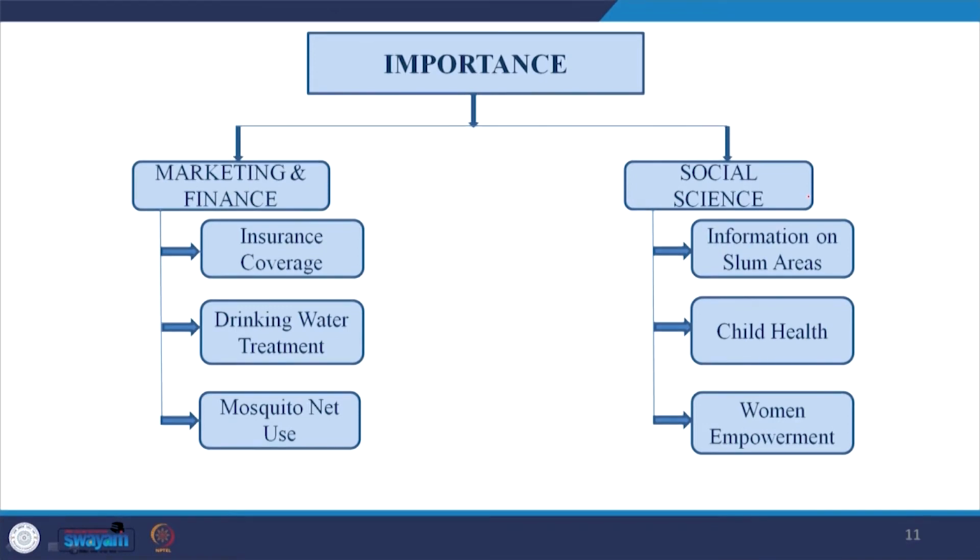If anybody is interested in research in the area of marketing and finance, this data can also be useful. Like insurance coverage is also given: how many persons are insured and what are the sources of insurance, private, public, or even, interestingly, community health insurance is also given, which is very difficult to tap, and its respective definition is clearly given in the report.